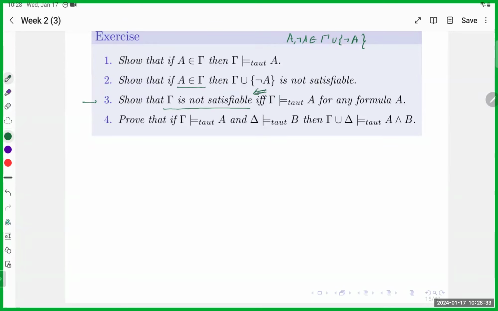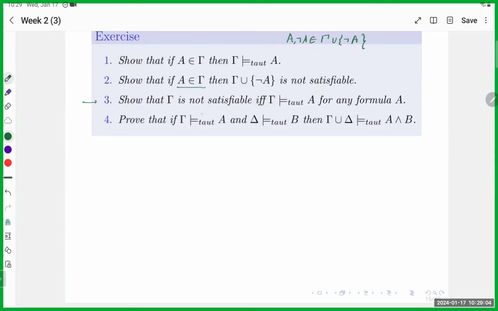In order to prove the other direction, since it can tautologically imply any formula, it can tautologically imply bottom. A set that tautologically implies bottom is unsatisfiable, because if it was satisfiable, then the state that satisfies it would give true to bottom. It's a contradiction.